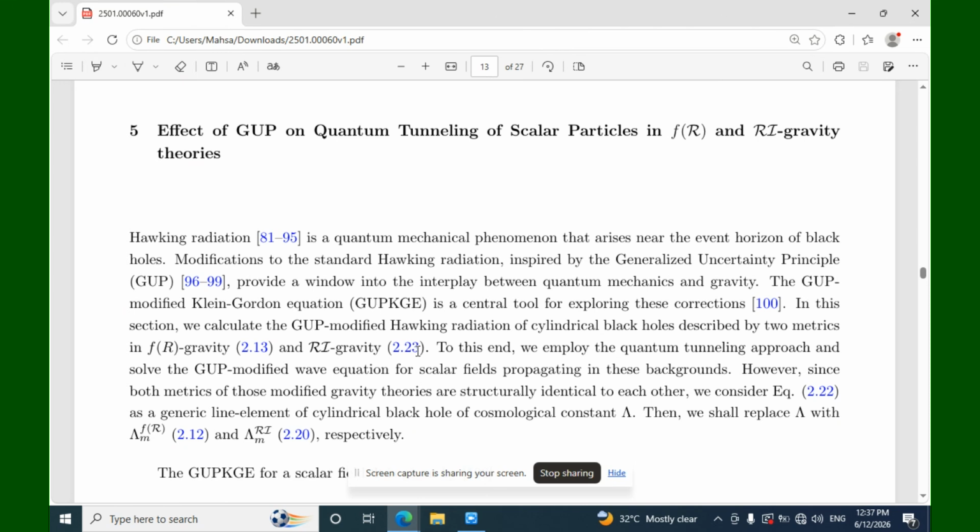However, since both metrics of these modified gravity theories are structurally identical to each other, we consider equation 2.22 as a generic line element of a cylindrical black hole with cosmological constant.